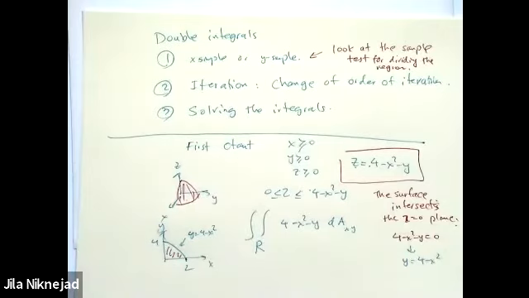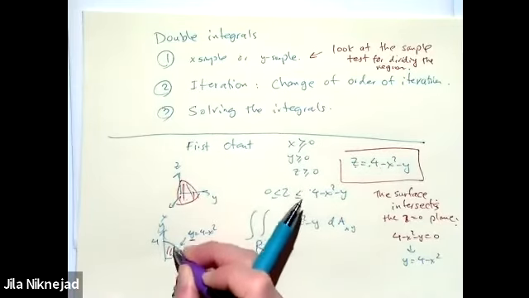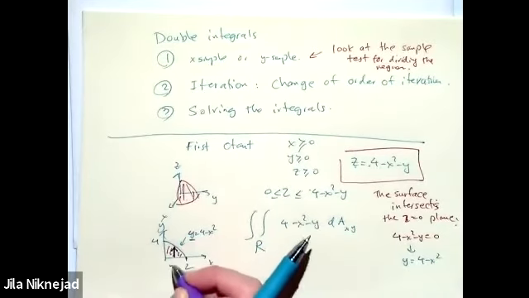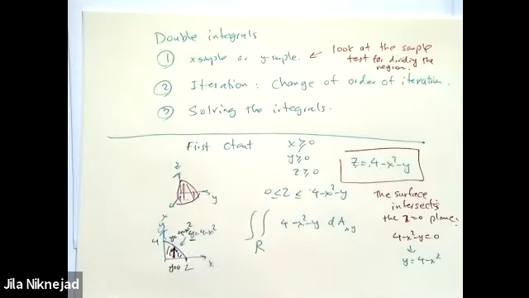This is not asking me to change the iteration, so let's set it up the way that's easier for us. What way is easier? y is already solved, the region for y is already solved. So I can set it up as y equal to 0 to y equal to 4 minus x squared.